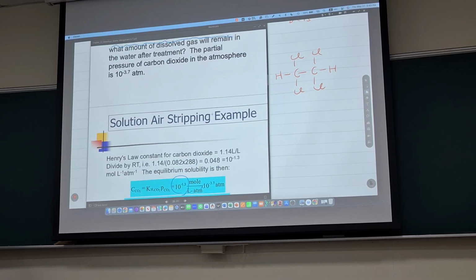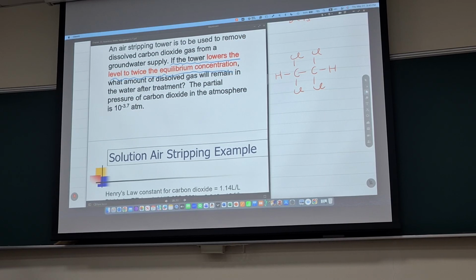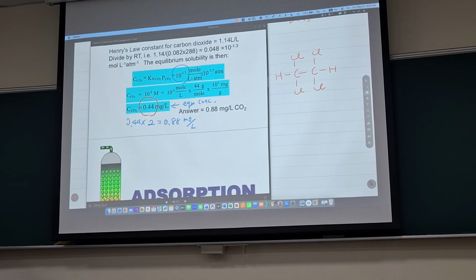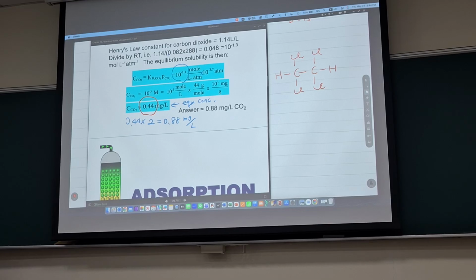But the question asks, if the tower lowers the concentration to twice equilibrium, which means you need to times 2. Understand? I tested this question in the previous exam.